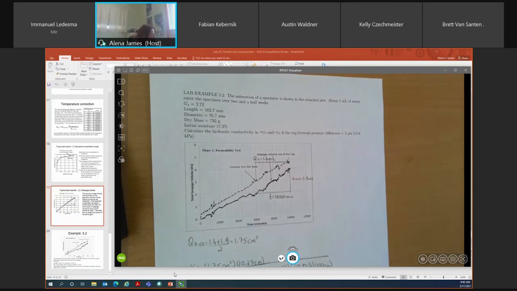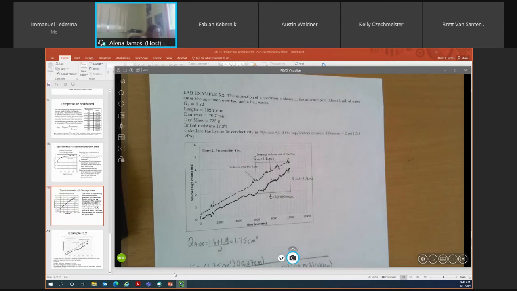So this is lab example problem 5.2. Don't worry about lab example problem 5.1, because I find that one's a little confusing. So I would just stick to this one here. It says the saturation of a specimen is shown in the attached plot.